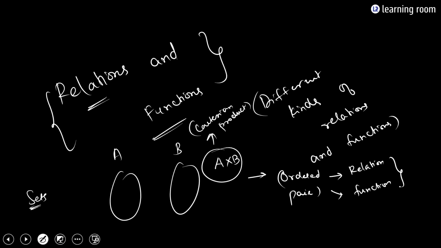So whenever you want to understand the different kinds of relations or functions, the first thing that starts is the collection of all those elements in the form of a set. And what will you do to those sets? You'll perform the Cartesian product. When you perform the Cartesian product, the ordered pair will come out, which is further going to give you the information related to whether that particular operation is going to give you a relation or a function.